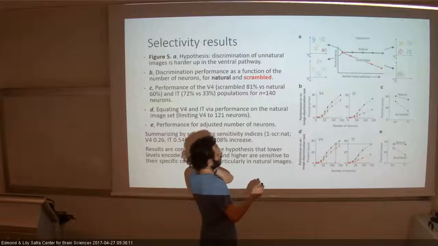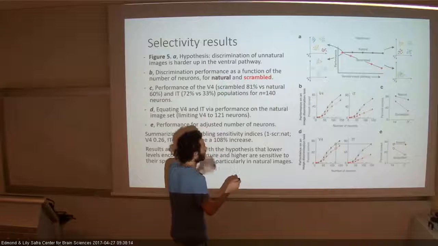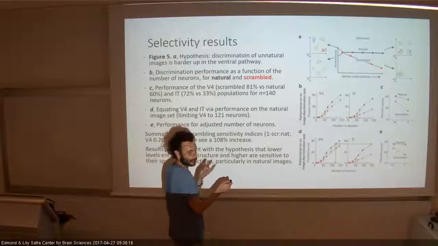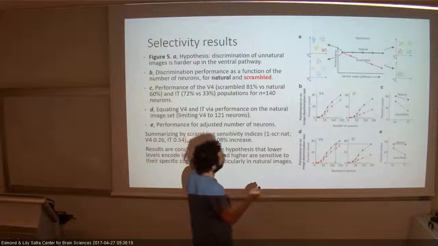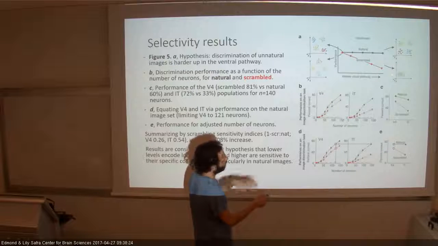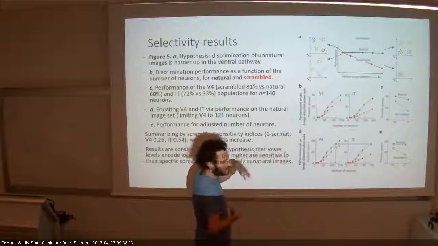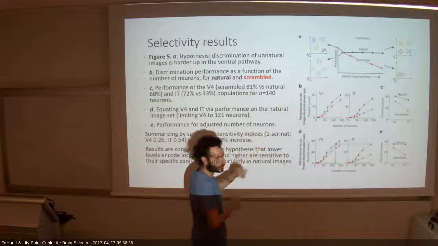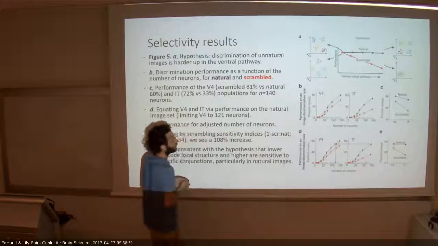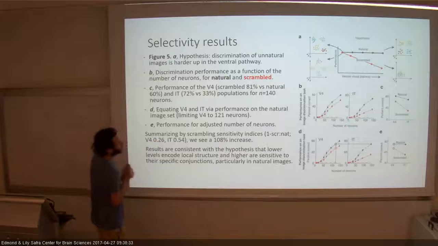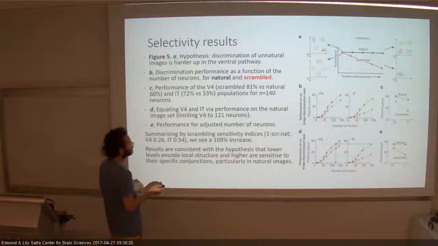But in the scrambled images, if we start in V1, we can still separate them the same way, but as we go along the ventral pathway, and specifically in V4 and IT, they'll get mixed together and the algorithm won't find a way to discriminate. And now we can look at the results.